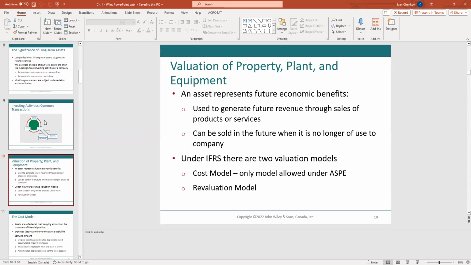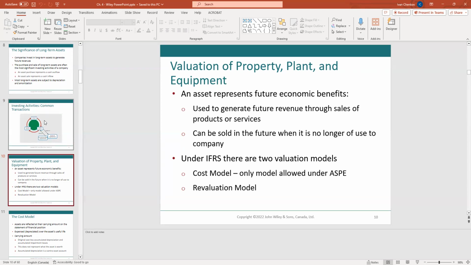Since the assets represent future economic benefits, we have to value those assets. Why future economic benefits? Because they generate revenue through sales over a long period of time, and at the end can be sold or not sold.